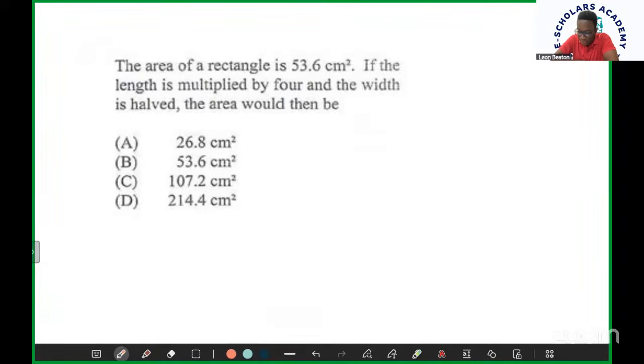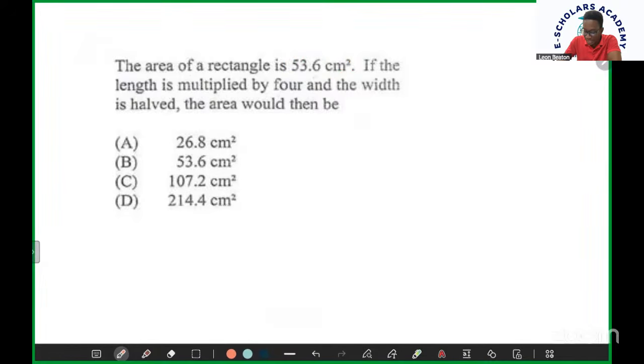So the area of a rectangle is 53.6 cm squared. If the length is multiplied by 4 and the width is halved, then the area would be... Here's the thing. If you multiply the length by 4, that results in the same as multiplying the area by 4 as well.